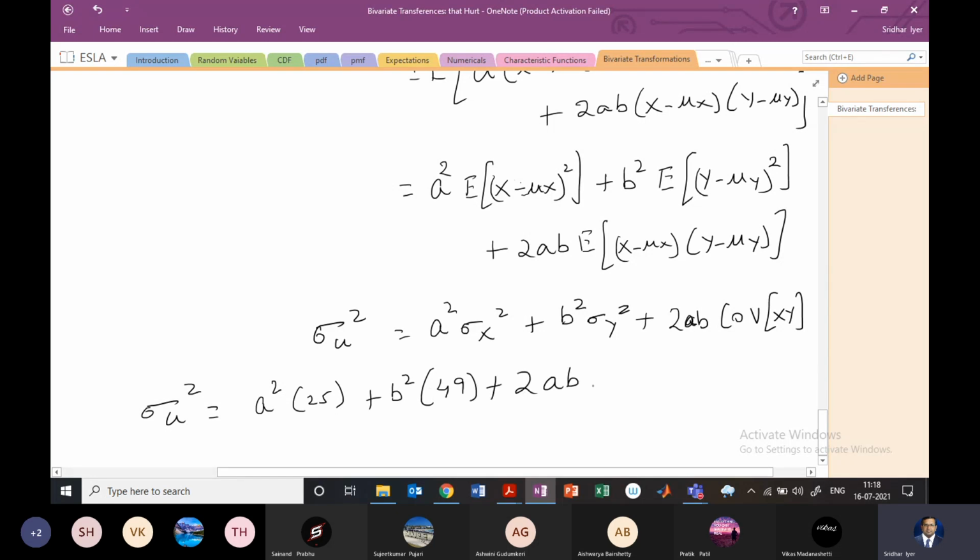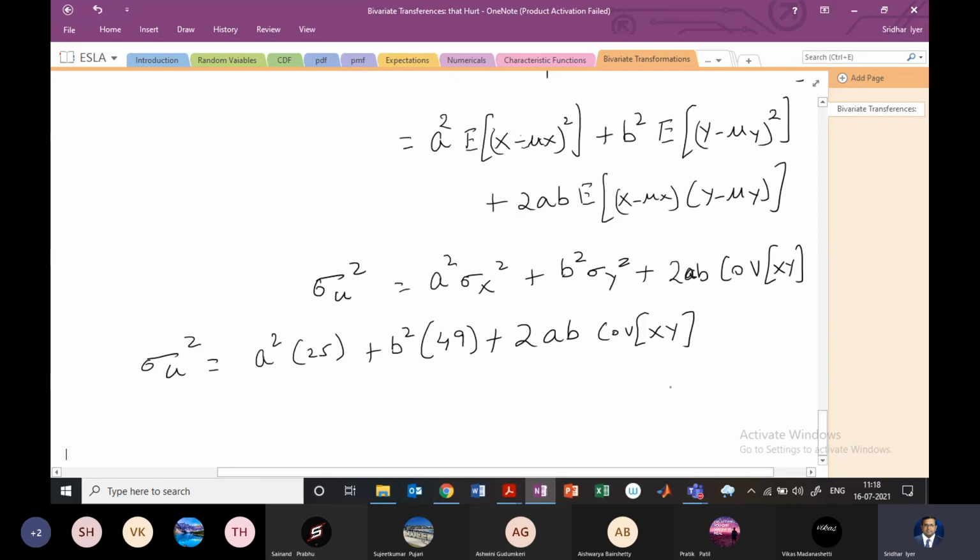So let's try to find that out. So till now we have sigma x square and sigma y square. Now you must be wondering what is the value of a and b, but if you see, and let me write this on top here, u is 3x plus 2y.